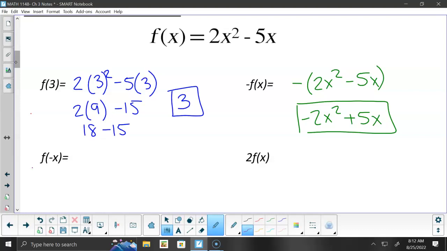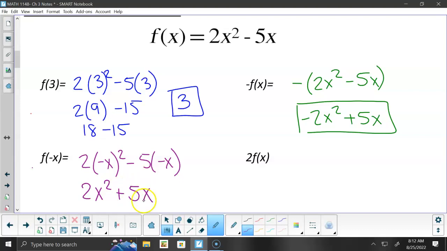It's plugging in a negative x every time you see x. So it's going to be 2 times negative x quantity squared minus 5 times the negative x. Now that negative x when it's squared is a positive, so I still got positive 2x squared, but negative times negative over here, this one turns into positive 5x.